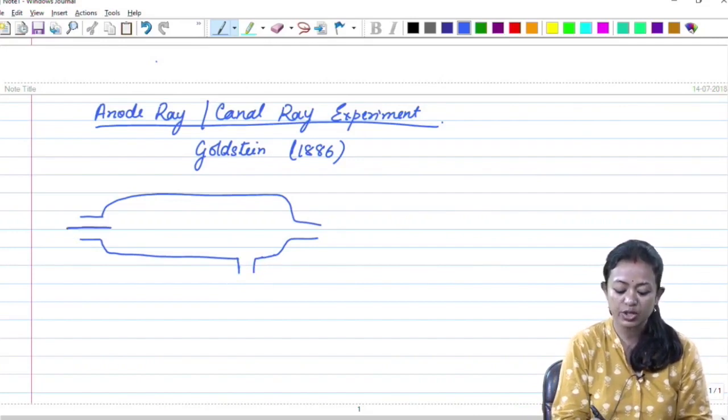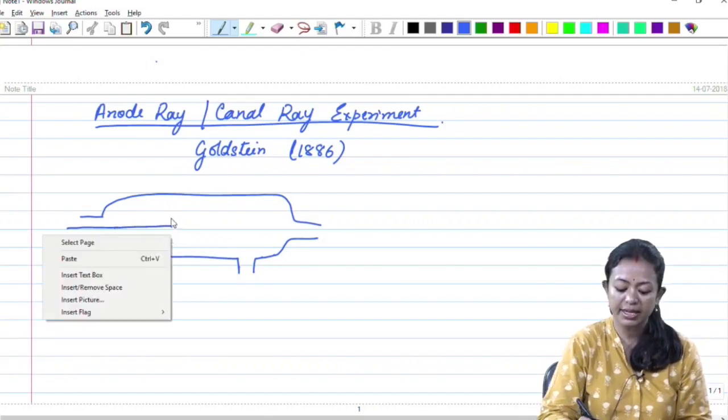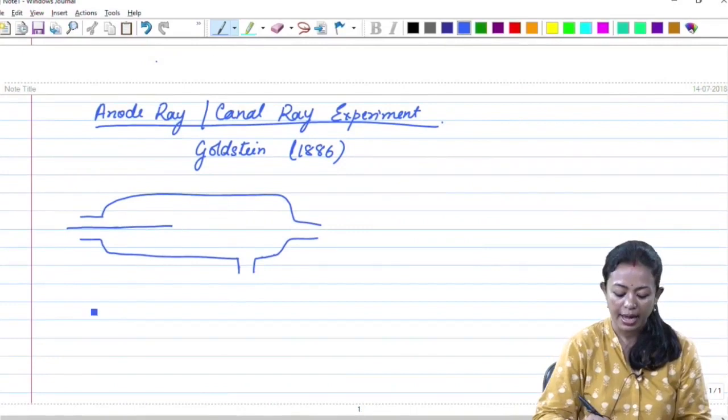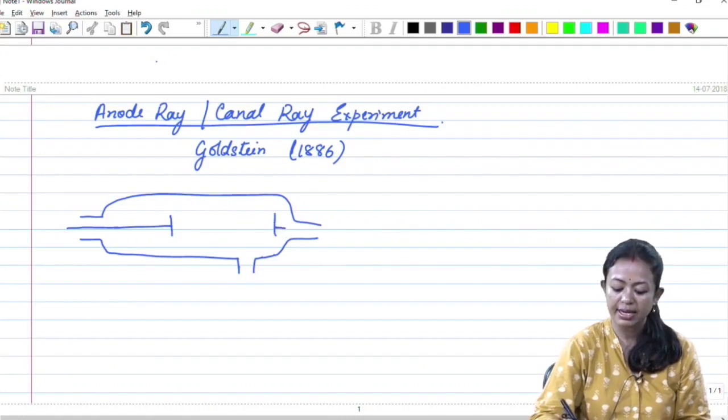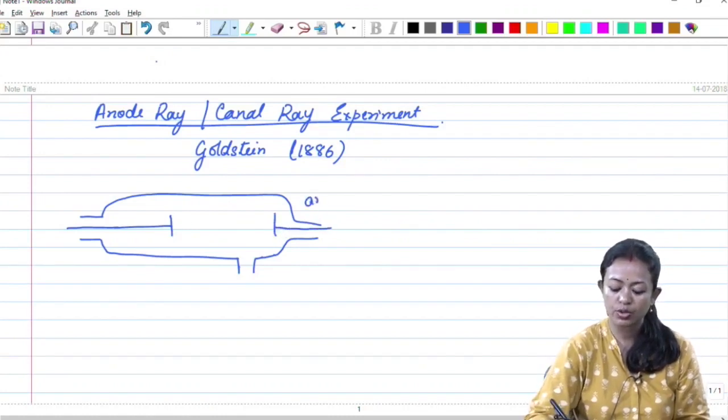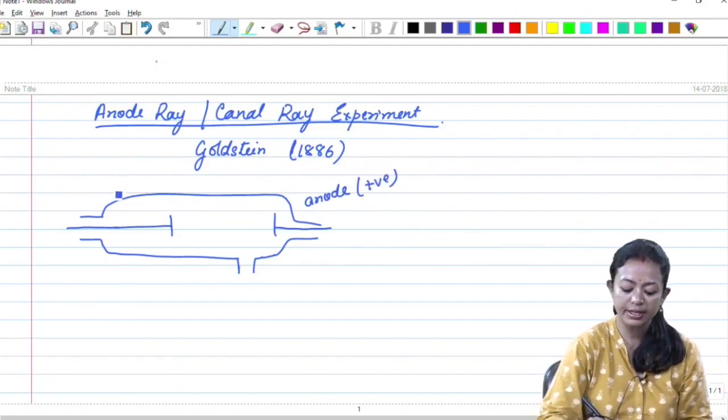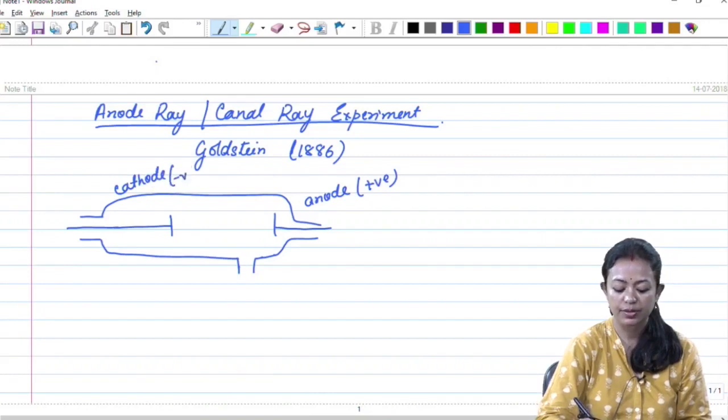Then again, just like J.J. Thomson, he made a cathode, and at the same time he made an anode. The anode is positively charged and the cathode is negatively charged.